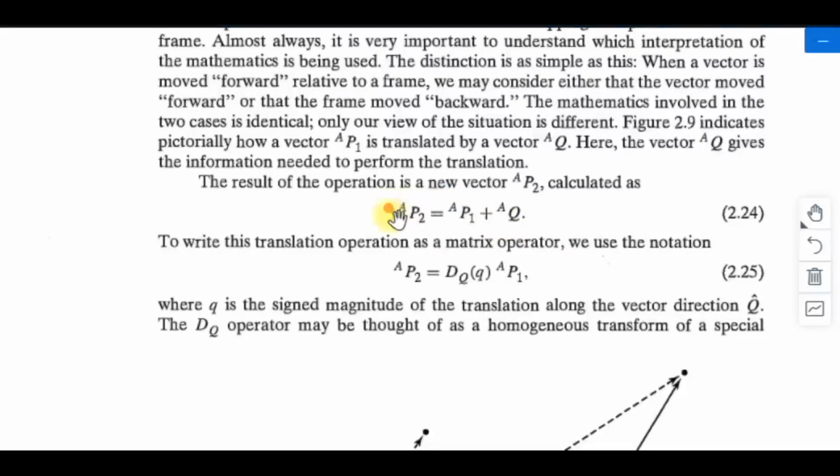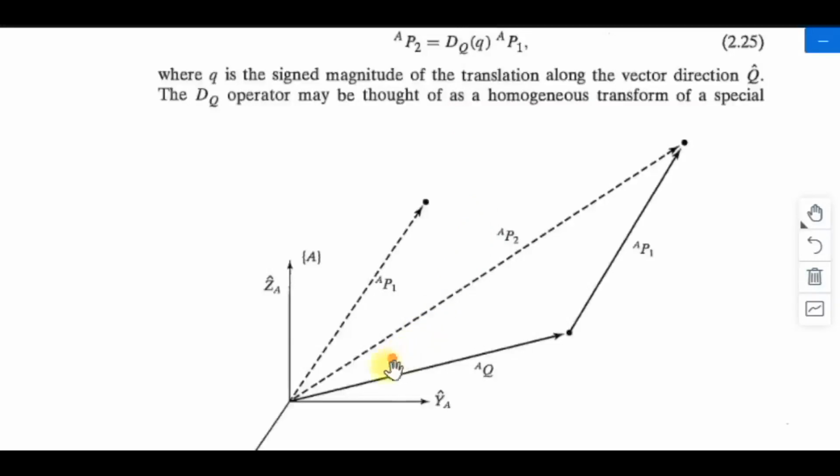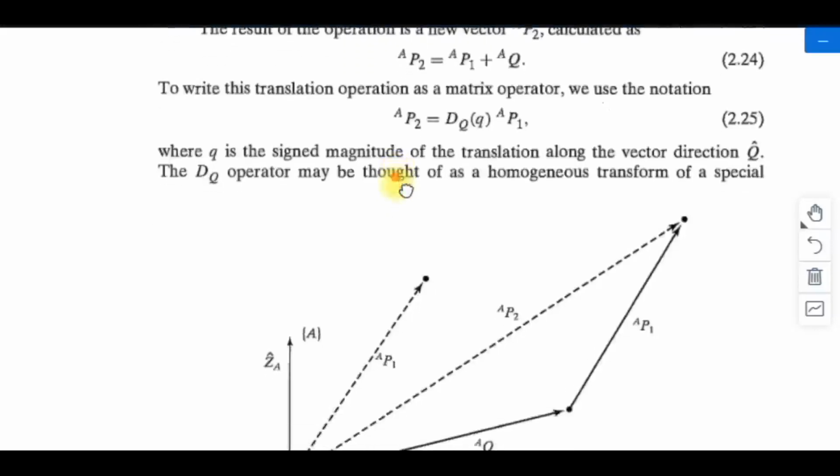So AP2 is AP1 plus AQ. Look at the AQ. So it is AP2. This is basically this plus this, means the operation AP1 plus AQ.